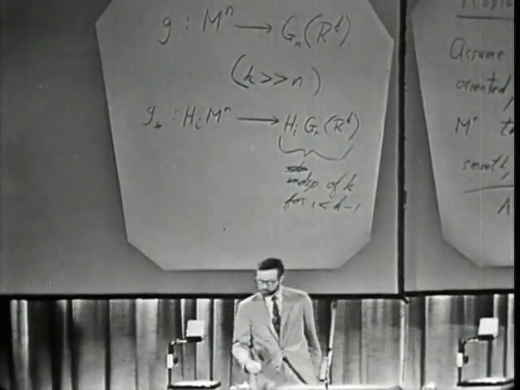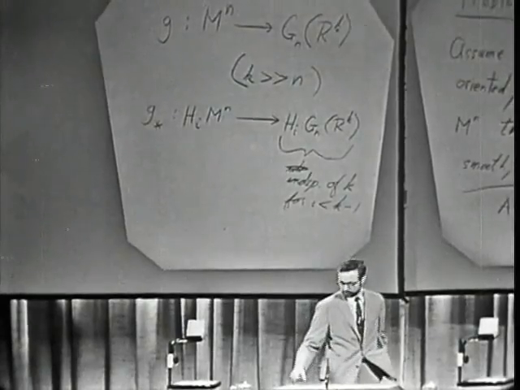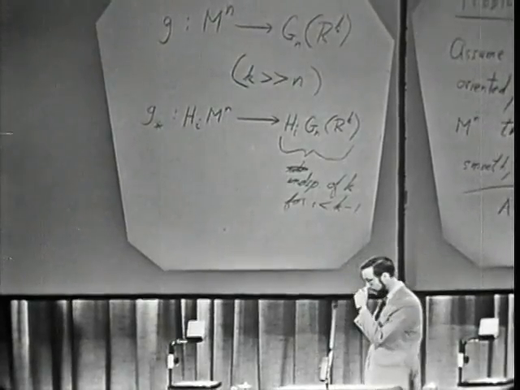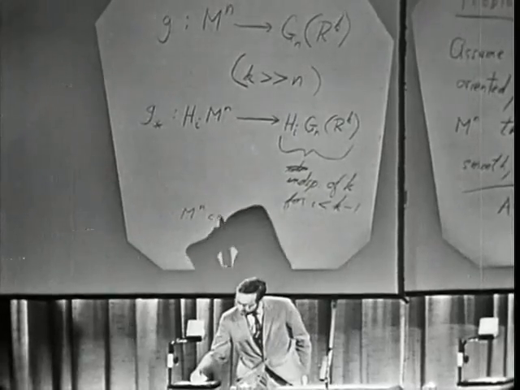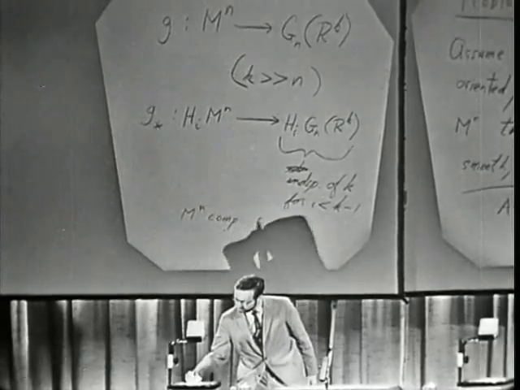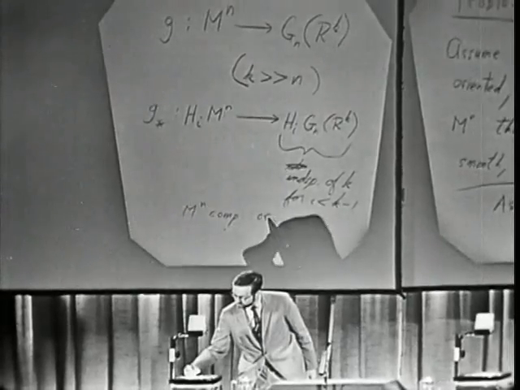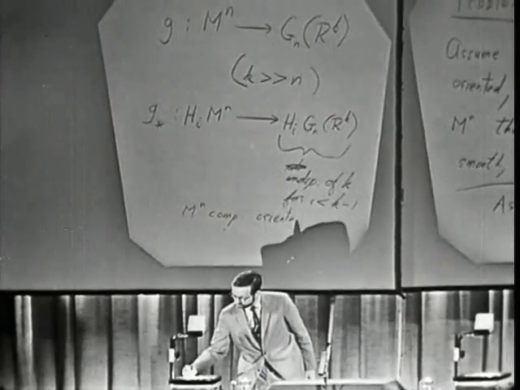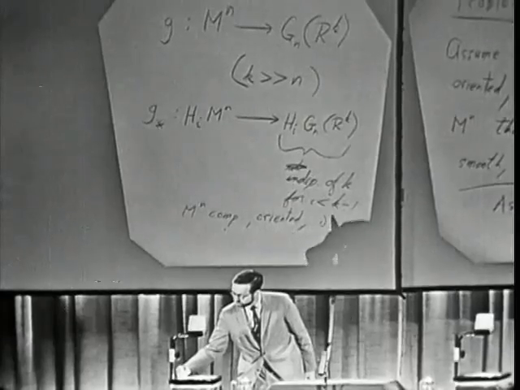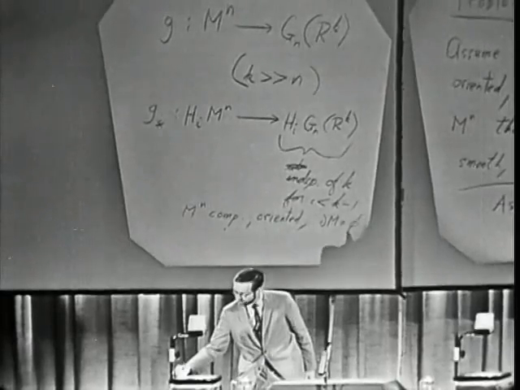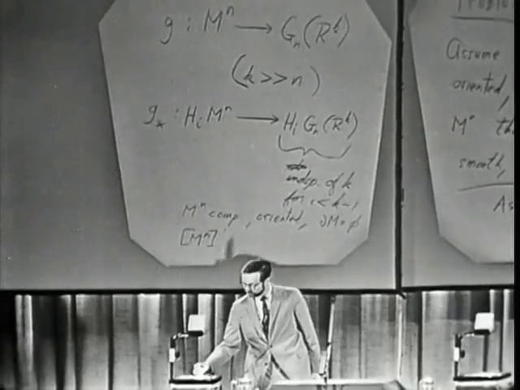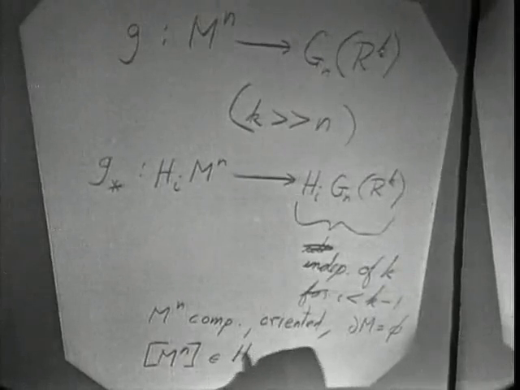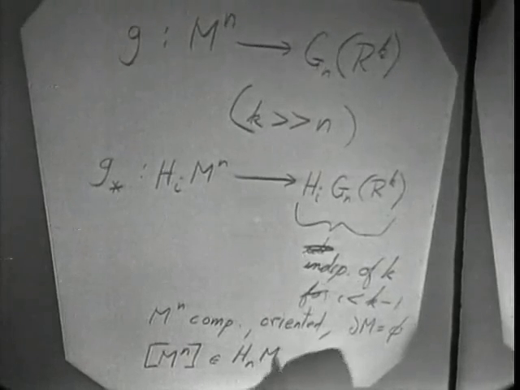Now, in the homology of any manifold, there's one particular class which is important, called the fundamental class of the manifold. Suppose Mn is compact, oriented, and without boundary. The boundary of M is vacuous. Then there's something which I'll write in this way: bracket Mn, called the fundamental class, is an n-dimensional homology class.